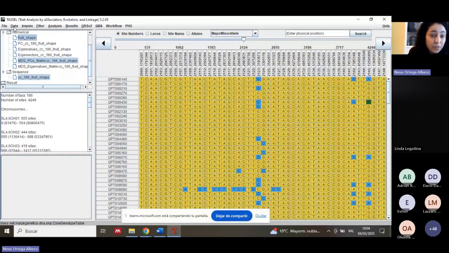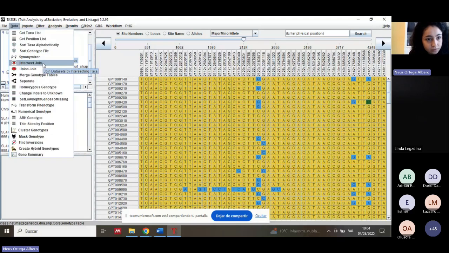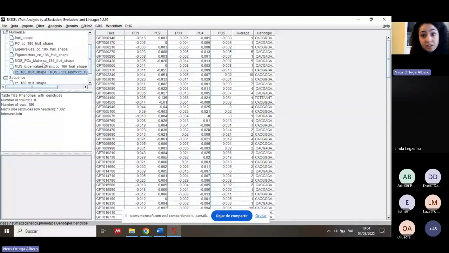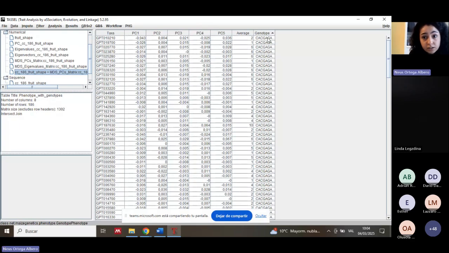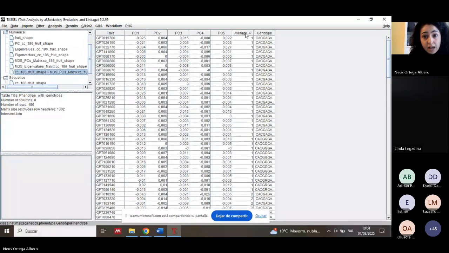So we select the three databases and we go to combine. We're going to combine them with intersect join. So we intersect all the information, which means that we have in the same database the genotype, the phenotype, and the PCAs, which are just telling us the genetic distances between individuals.